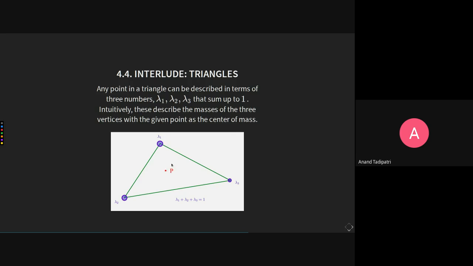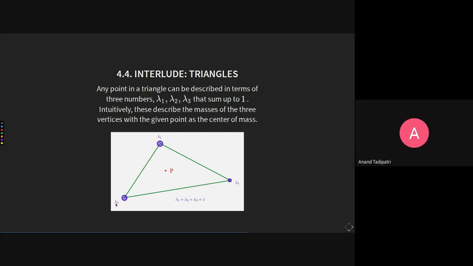Then it turns out that you can uniquely describe P by these three numbers, lambda1, lambda2, and lambda3, which sum up to 1. Intuitively, you can think of it this way: you have this triangle, you place a bunch of weights on each of the vertices, and each weight determines how much influence that vertex exerts on the point. This thing is small, so P is not influenced very much by this vertex, but this thing is quite large, so this point is influenced quite a bit by this vertex, and likewise by this vertex.